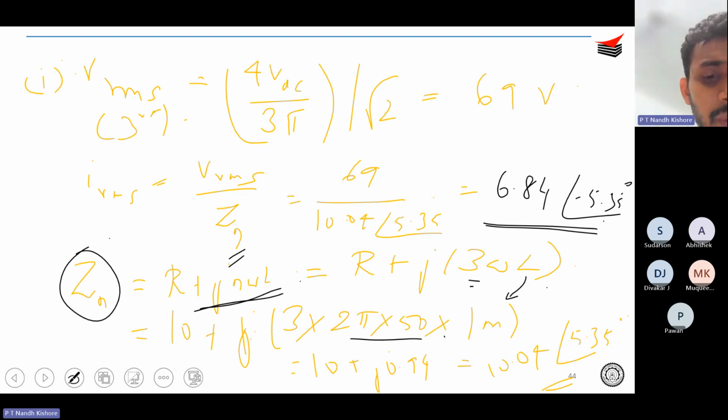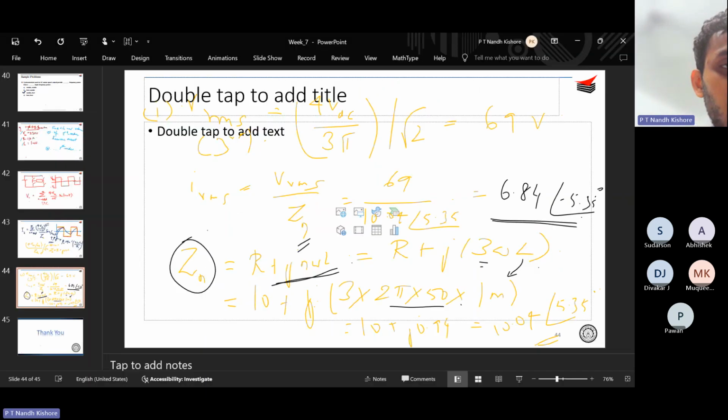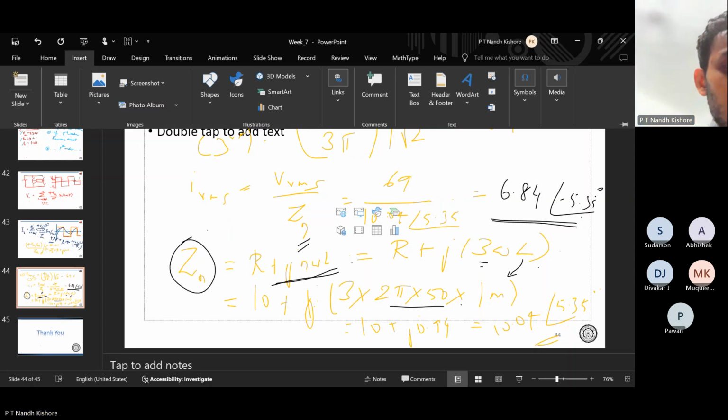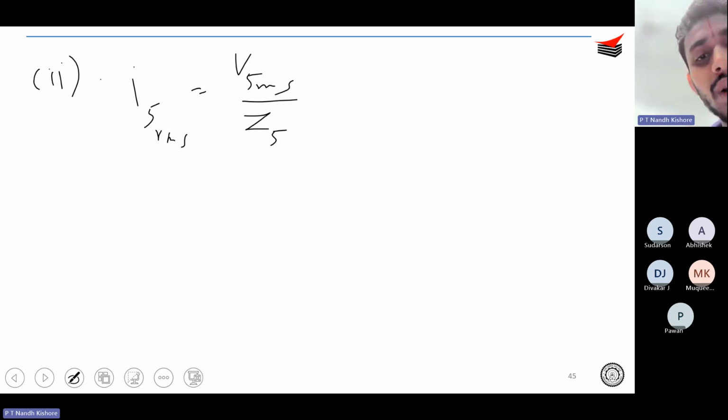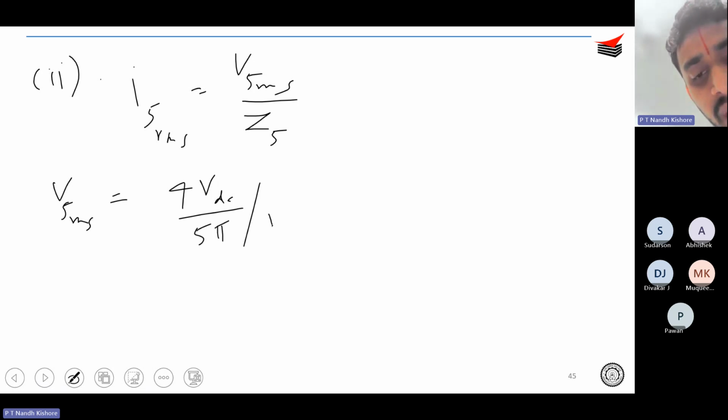Okay, same way you can do it for fifth harmonic as well. So what is it? I might write directly. I5 RMS is basically V5 RMS over Z5, correct? So V5 RMS is 4 VDC by n pi, n is 5, right? So 4 VDC by 5 pi divided by root 2. That is your RMS, correct?